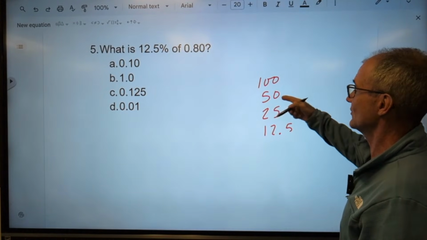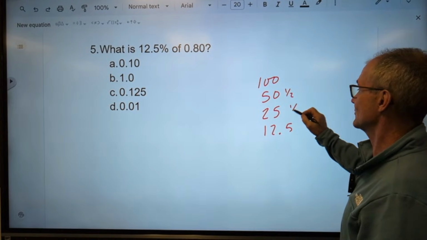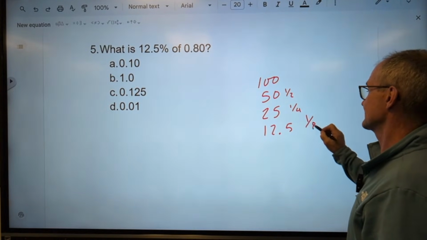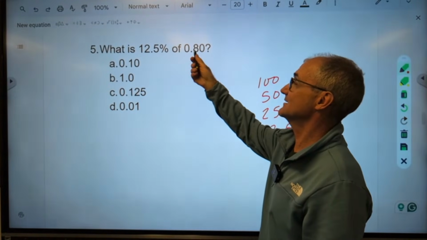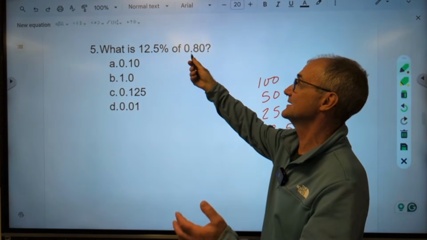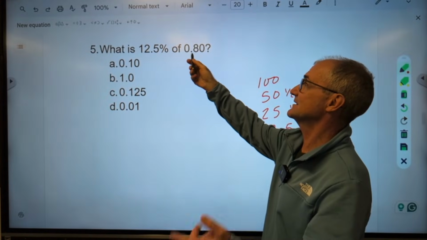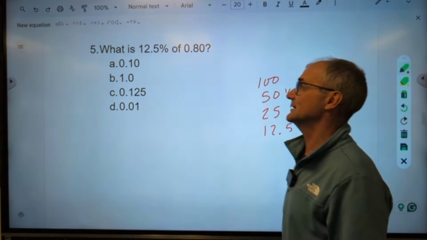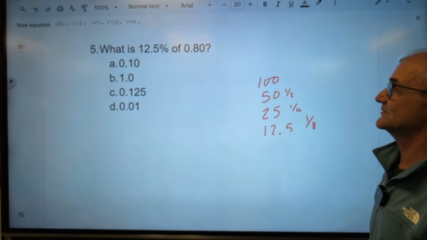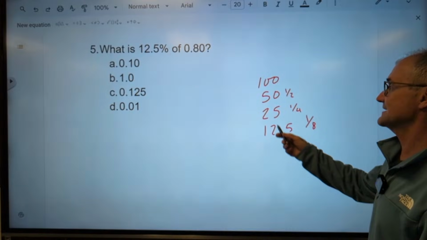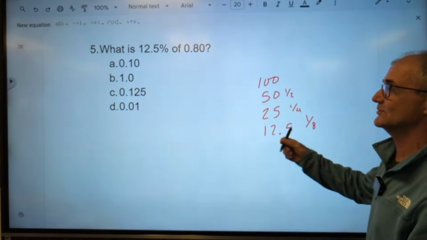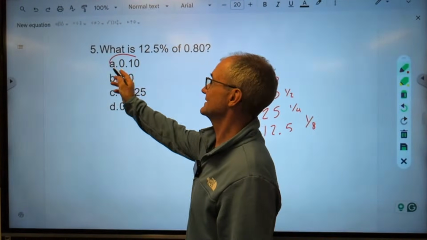So this is a whole, a half, a quarter, an eighth. If you recognize this as an eighth, an eighth of 80 is just going to be 10, right? It's probably the quickest way to do that, if you're able to recognize 12.5 is half of 25, and 25 is a quarter. So the correct answer is A.